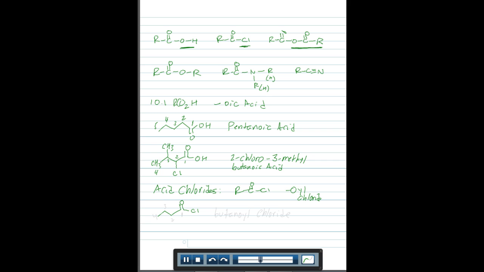So just name the prefix, however many carbons you have, and then end it in oyl chloride. Simple as that. This is always carbon 1, 2, 3, 4. So butanoyl. Kind of sounds funny, but that's what it is. Butanoyl chloride. Okay?